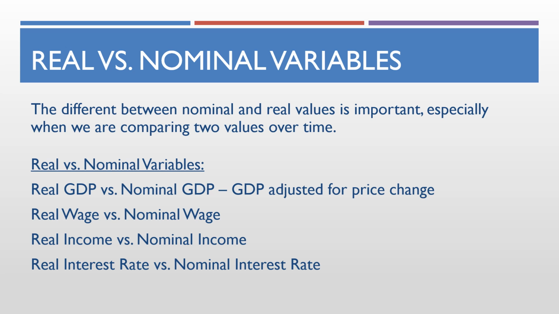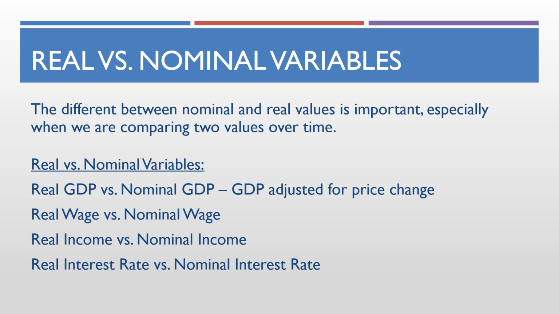Well, this concept also applies to almost everything that we track in the economy, right? So any macroeconomic variables that we talk about here also have a difference between the real terms and the nominal terms. The real terms are basically the inflation or price level adjusted values, whereas the nominal terms are the values without adjusting for any price level changes.